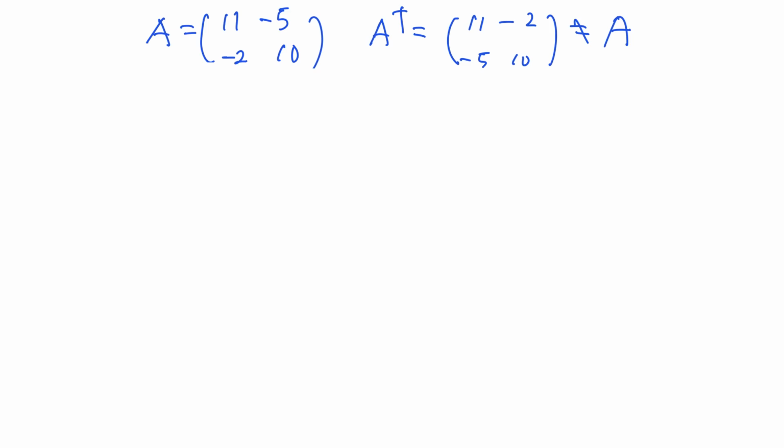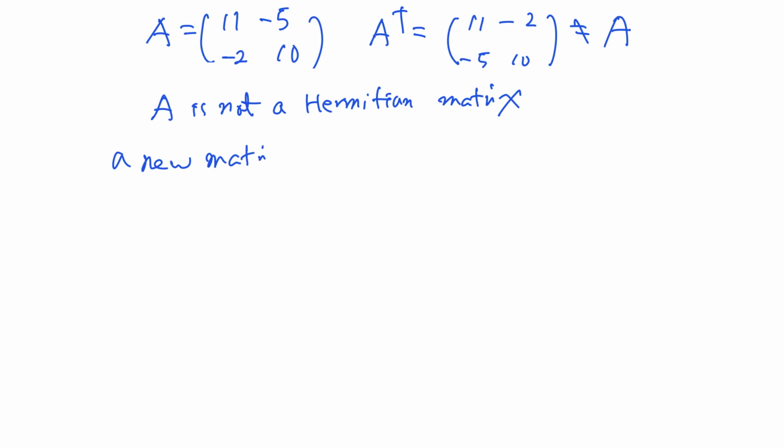So in this case, A is not a Hermitian matrix. On the other hand, new matrix M is Hermitian.